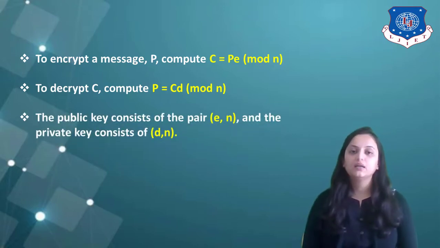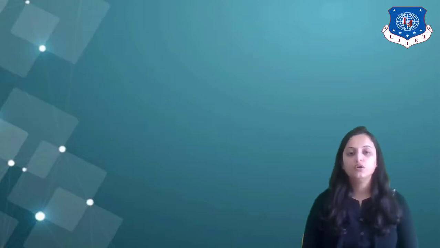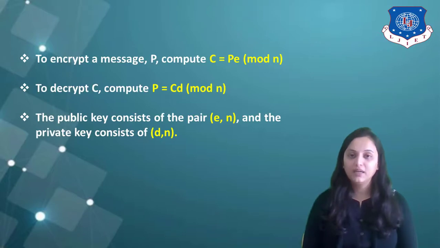The public key consists of the pair e and n, and the private key consists of d and n. So we can say that the public key consists of (e, n) and the private key consists of (d, n). This is how the public key and private key are obtained for the RSA algorithm.